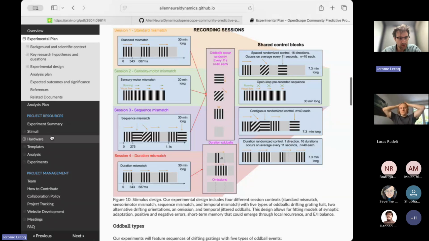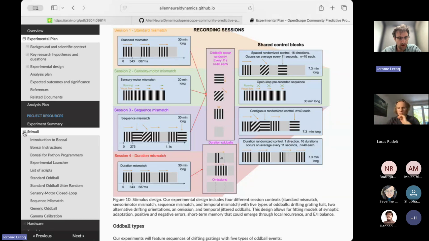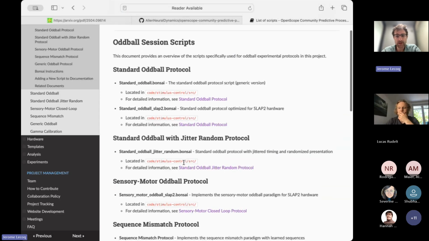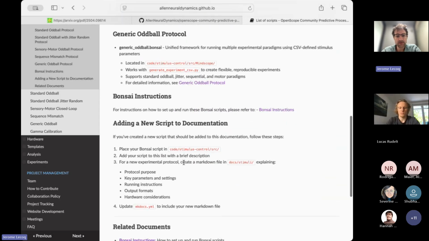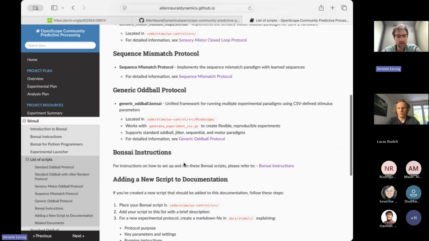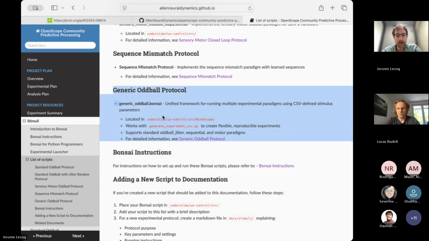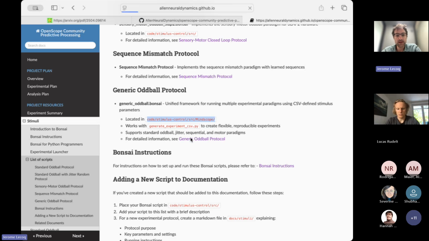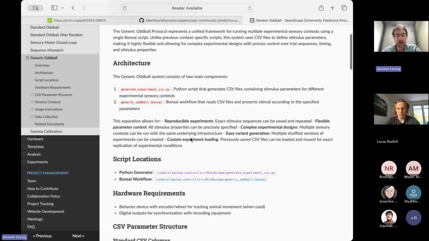If you go to the stimuli list of scripts, I generated a little explanation here. There's this generic oddball protocol that I just described to you, and it's in this path on the repo, so you can download it. There's a page here that explains how it works.